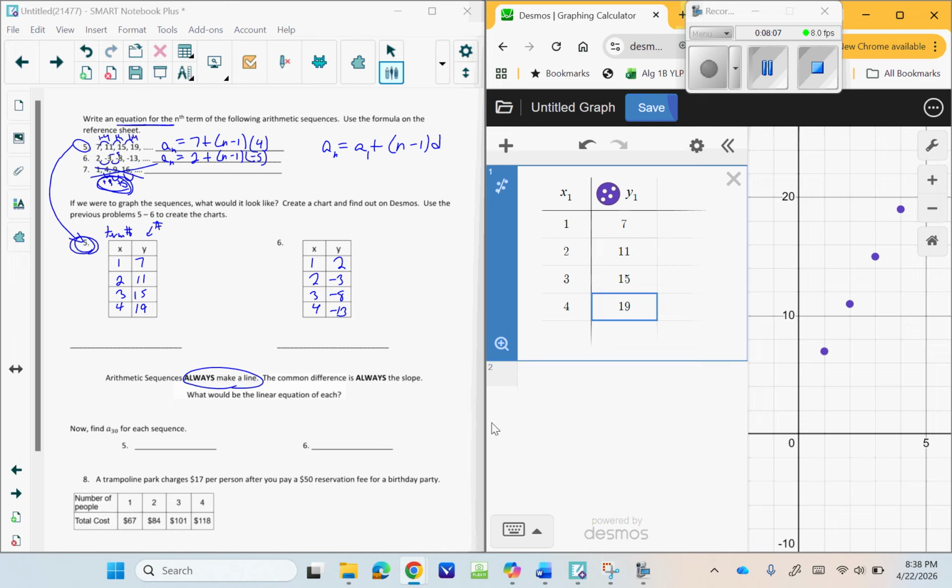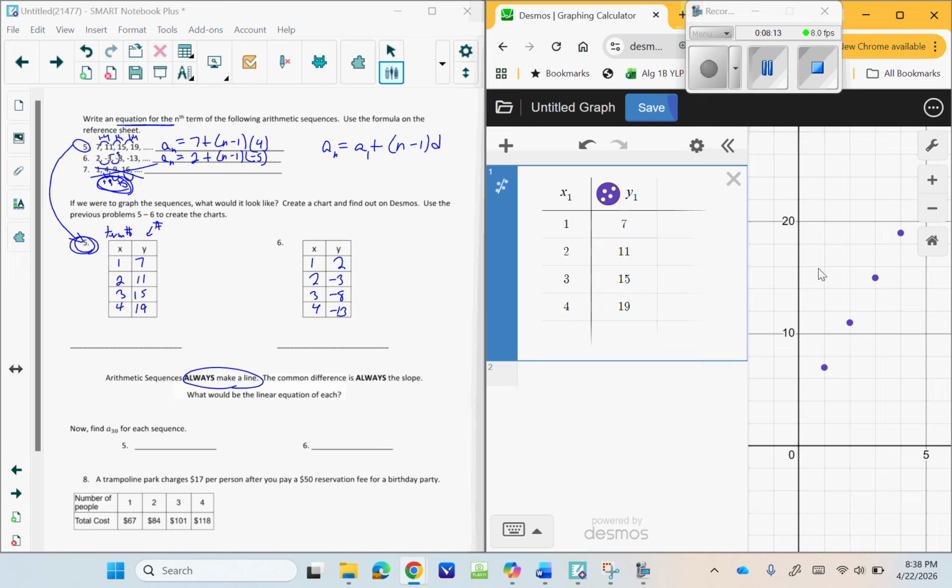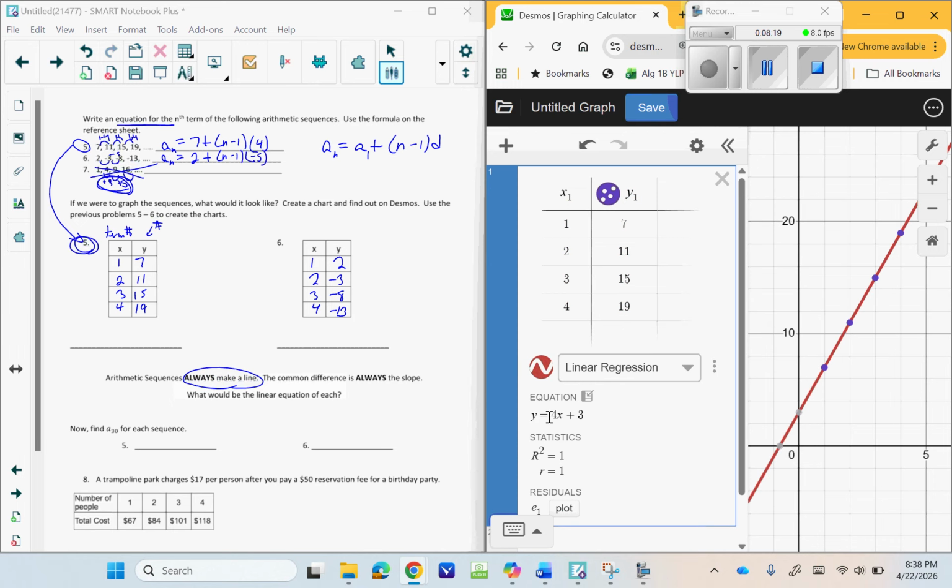Like that. And if you'll notice, I really like this button. It shows that it is making a line, but I want to actually connect the dots. So our arithmetic sequence doesn't look the same, but it actually equals the same as this equation: y equals 4x plus 3.